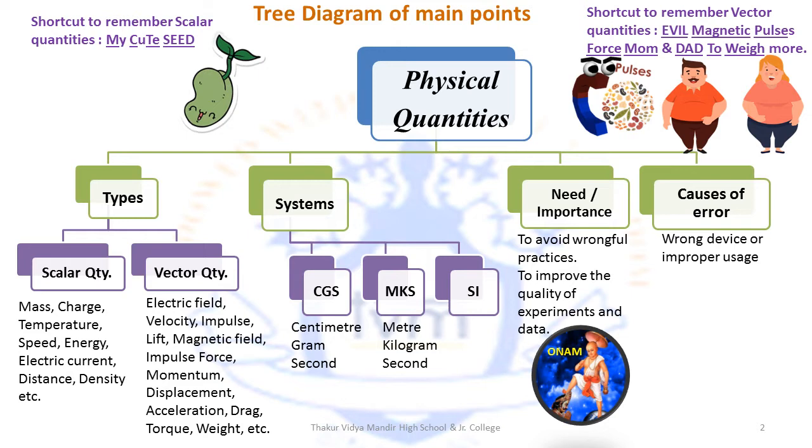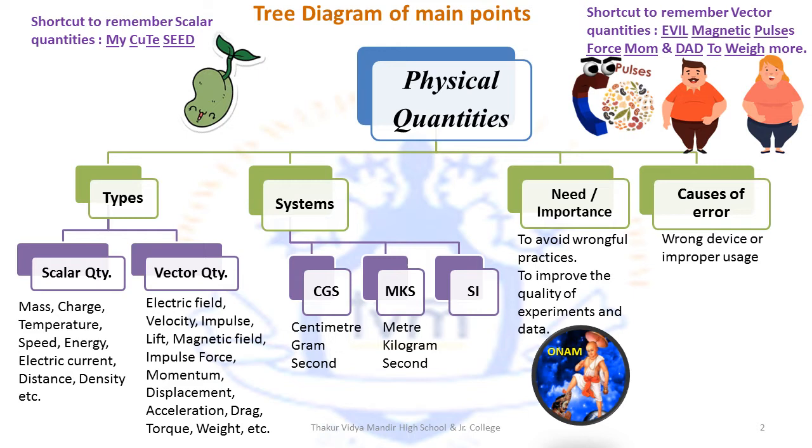After CGS, we got the MKS system, meter, kilogram and second. After MKS, we have the internationally accepted SI unit, which also is a successor of MKS. So of course it has meter, kilogram and second and several other measurements.